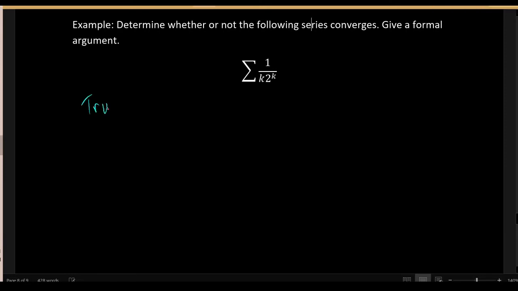So someone says, okay, what if I try and compare it with b_k equals 1 over 2 to the k? I do know, for example, that 2 to the k is going to grow much faster than k will. So maybe it will suffice for me to take 1 over 2 to the k, simply the geometric part.